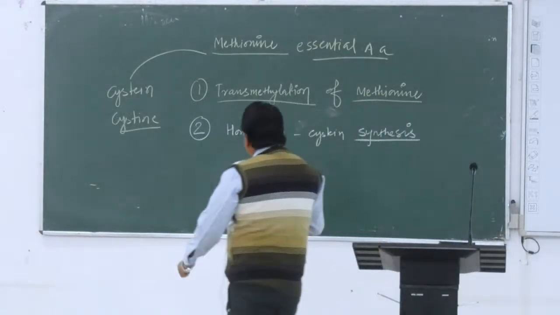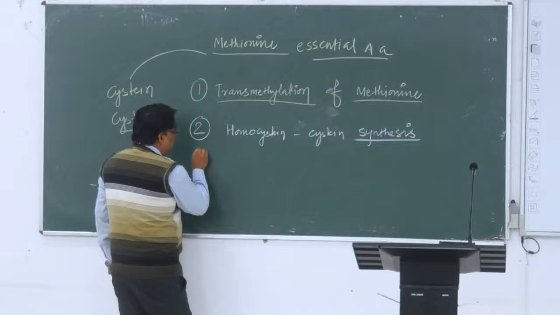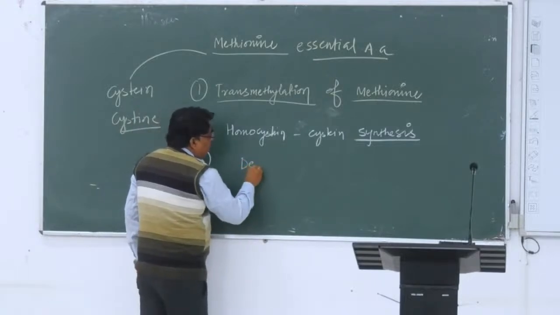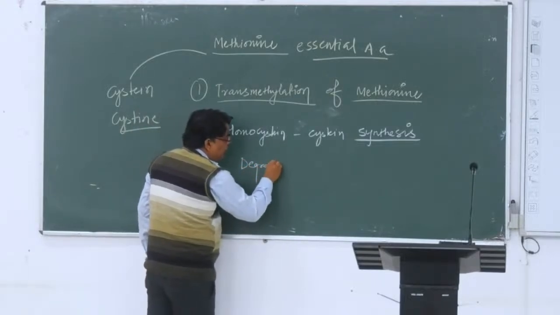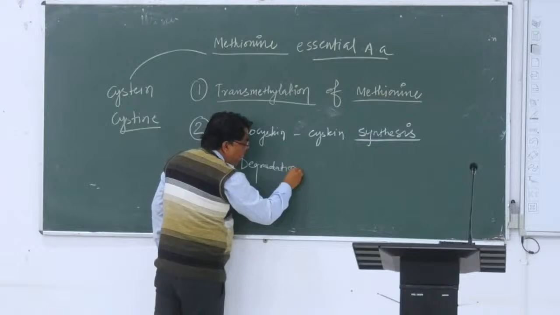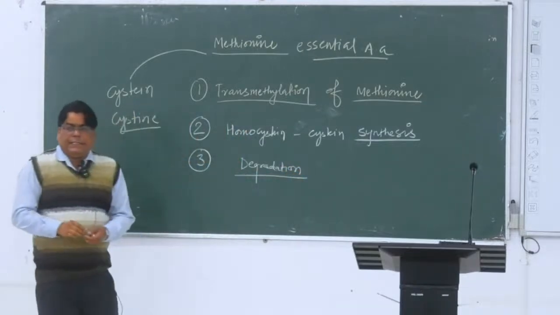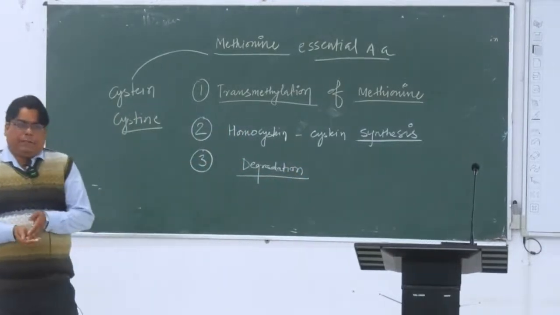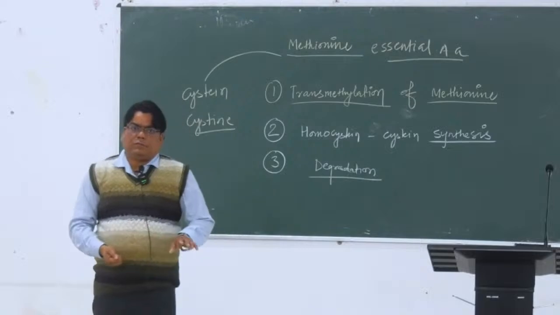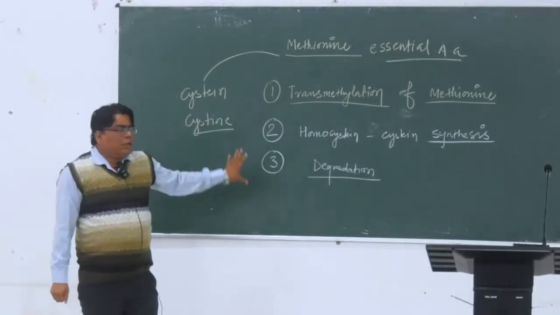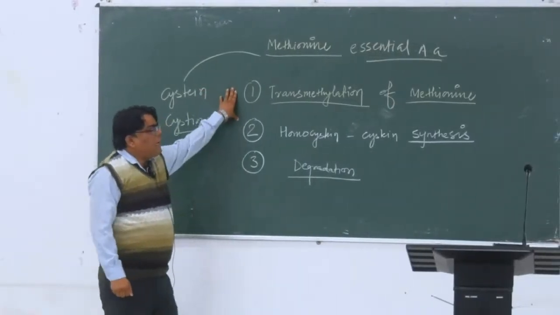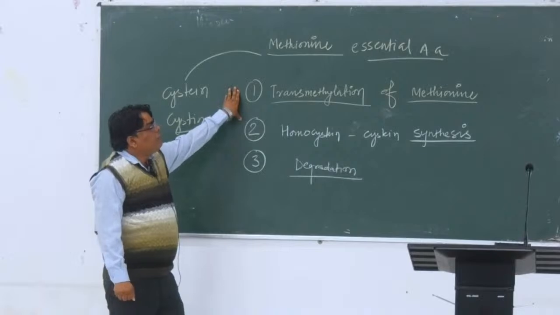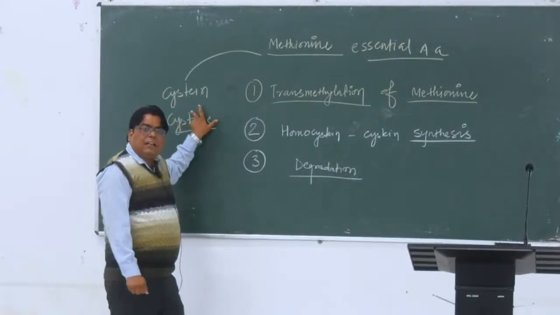So these are the three major headings in which we study this metabolic pathway. Understand? First is how cysteine and cystine are formed.